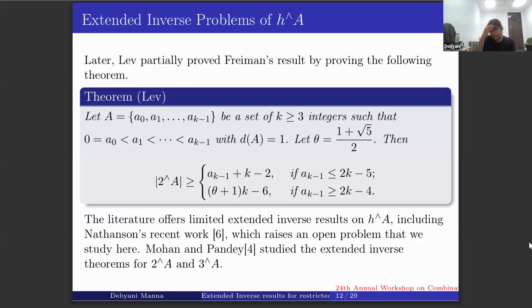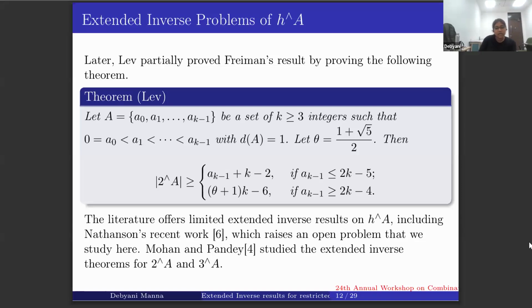Now, in the literature, we have a very limited number of results about the restricted h-fold sumset. Recently, there is a work of Nathanson that actually contains a lot of results, but again, this is not as many as for h-fold sumsets.